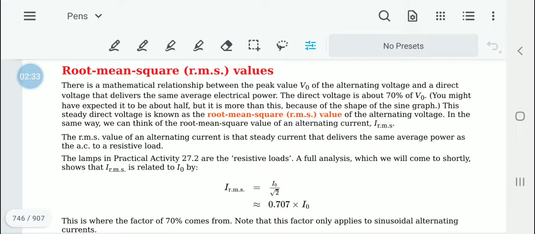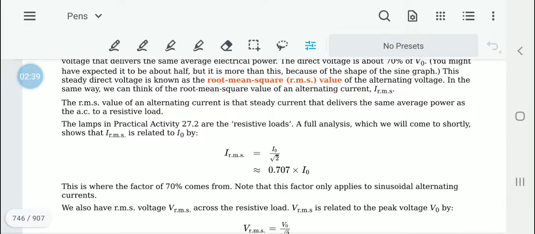We have about 70%, and mathematically we can prove that, which is called the root mean square of the alternating voltage, which is equal to the direct voltage that would be supplied. So this steady direct voltage that gives the same average power as VO is referred to as the root mean square value of the alternating voltage.